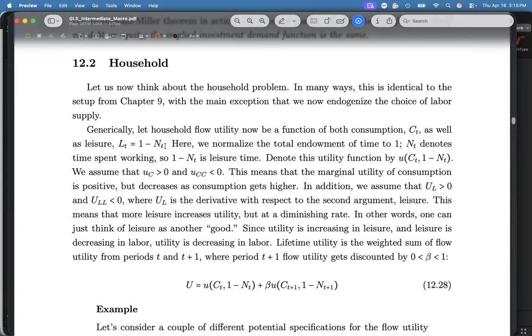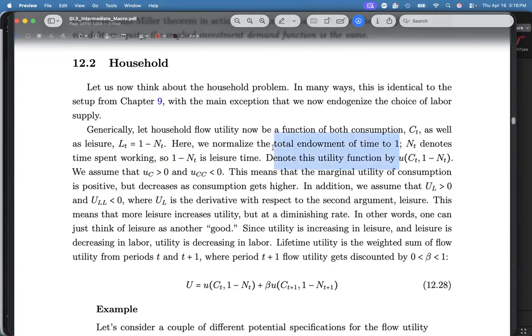Now, I'm sure you understand what leisure is and why it's important. But what's important here in terms of the modeling is that leisure, or L, is essentially the remainder of your time that you don't spend working. So one is the total endowment of time. You normalize your endowment of time to one.